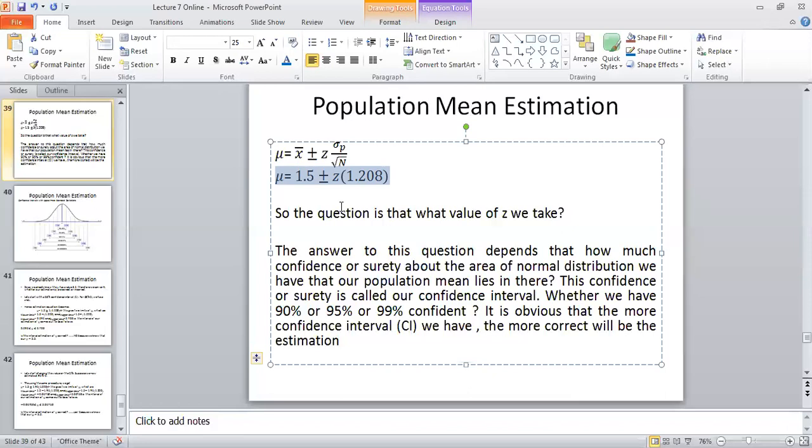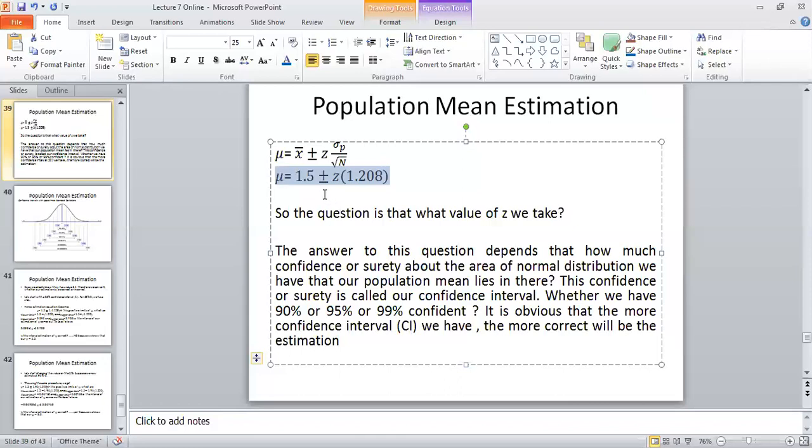But suppose I am 90% confident that the mean lies in the 90% area of the normal distribution, then this would give me the corresponding z value. If I am 95% confident that the mean lies within this area, then this would give me the corresponding z value for it. So what do we actually mean by it?